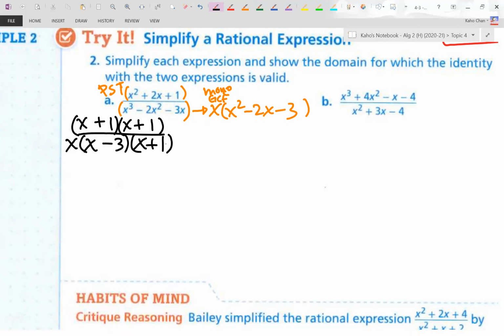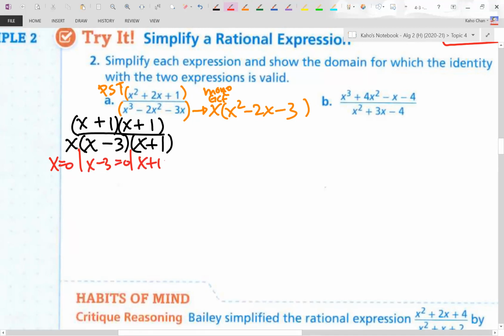All right, in the denominator, we have 3 factors: x equals 0, x minus 3 equals 0, and x plus 1 equals 0. These are my vertical asymptotes, or holes if anything cancels. And let's see if anything does cancel. Oh yeah, there's only one thing that does cancel, and that one on the end is a hole when you solve it. X equals -1 is a hole.